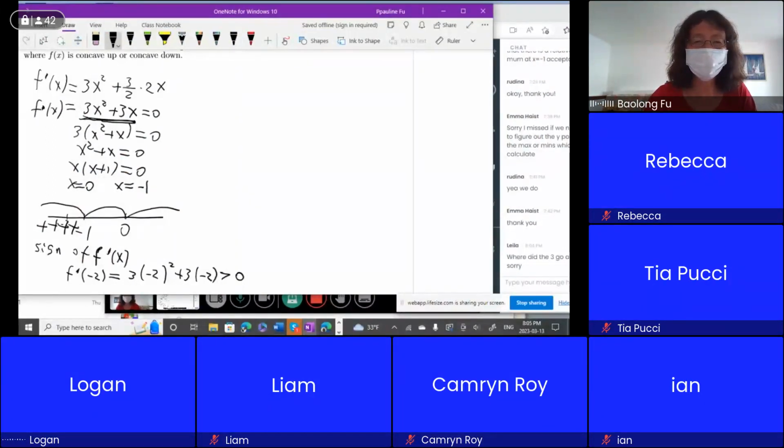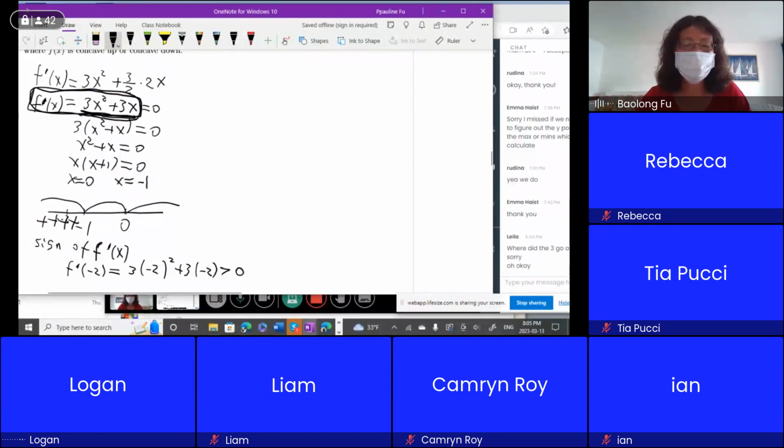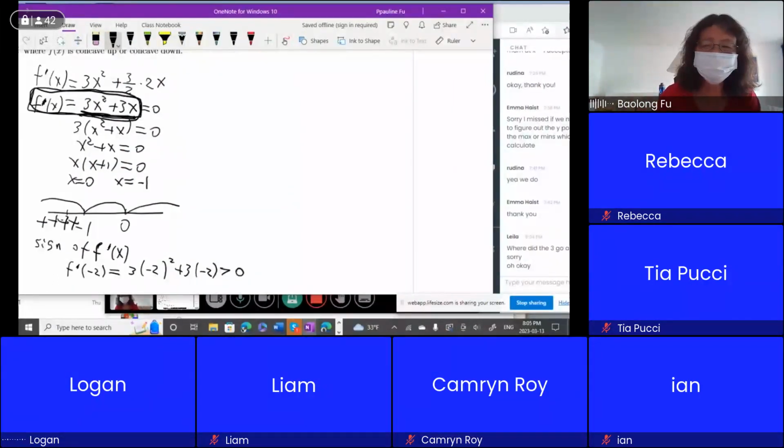We only care whether the first derivative is positive or negative, and the number 3 does not affect the sign. So we need to evaluate. Any other questions? Okay.